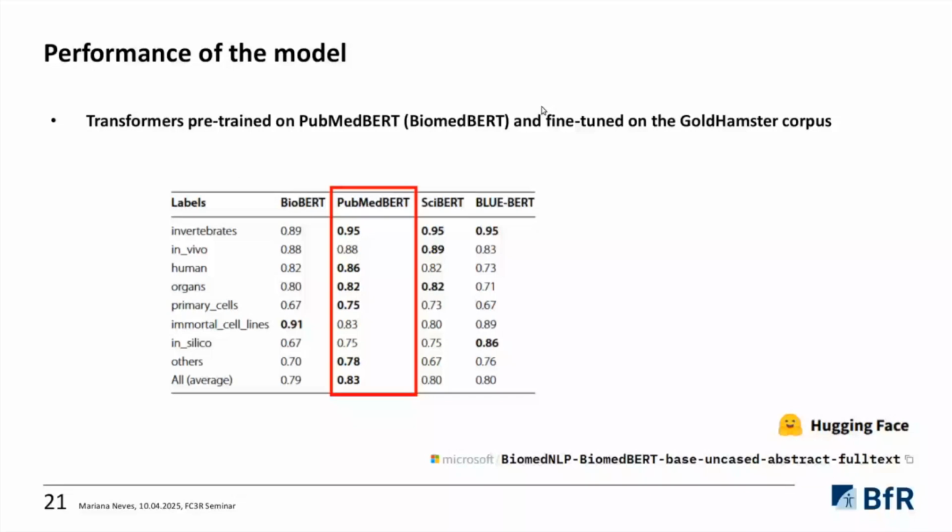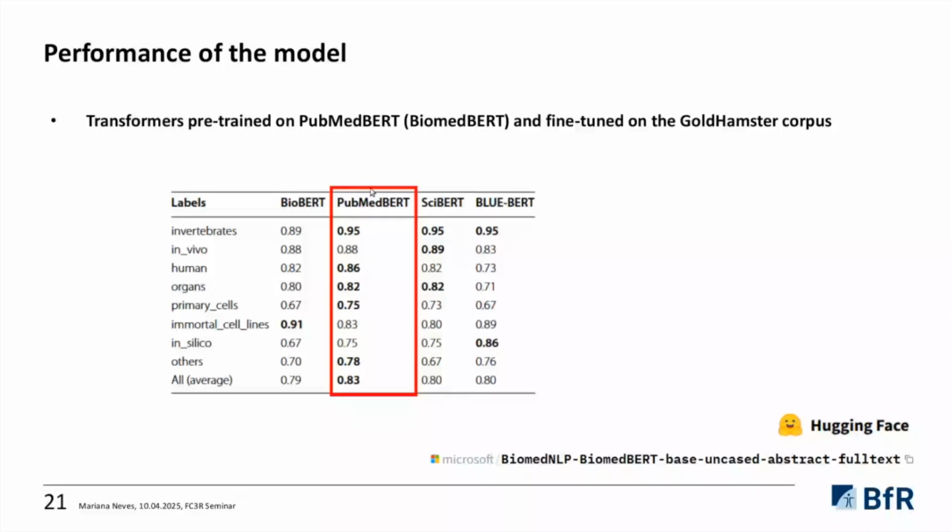So we just trained it again with our data, so that this model can really learn how to do this task, how to label each abstract with our 8 labels that we defined. So this is like a 2-step process. The first step is not done by us. We just get this model, which is available from Microsoft Research, and we just fine-tune it for our corpus.